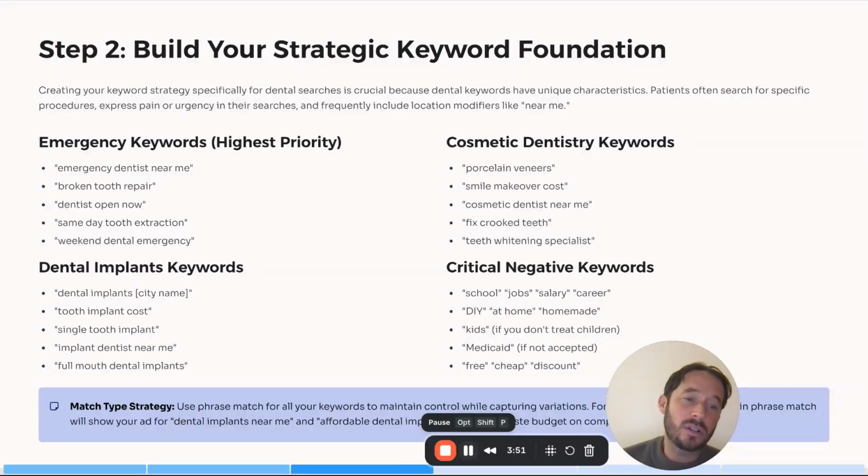Include negative keywords that are always going to burn your campaign, such as DIY, at home, homemade, job, salary, career, free, cheap, and discount. What you want to be doing here is continually checking your search term report and adding these negative keywords to ensure that your Google Ads is only being shown to people that can potentially become new patients for your practice.